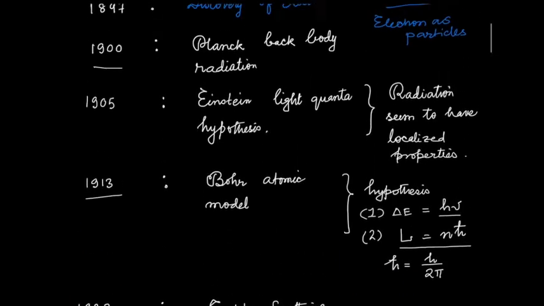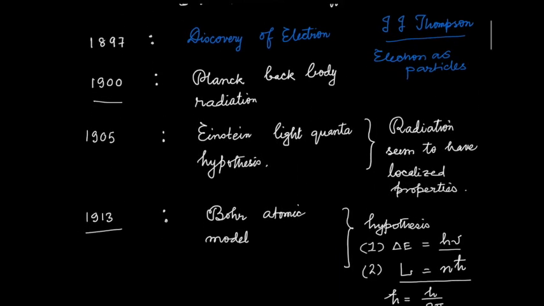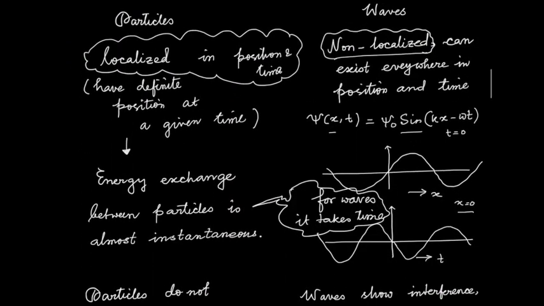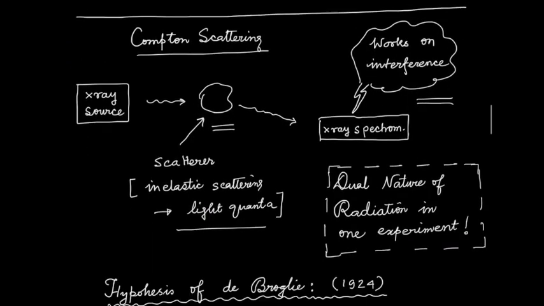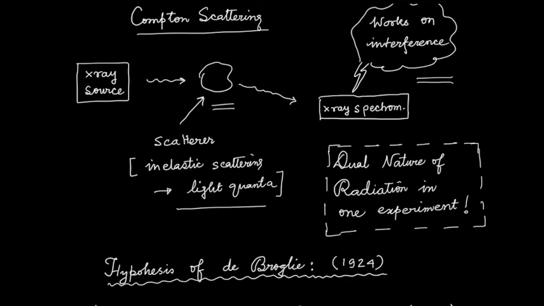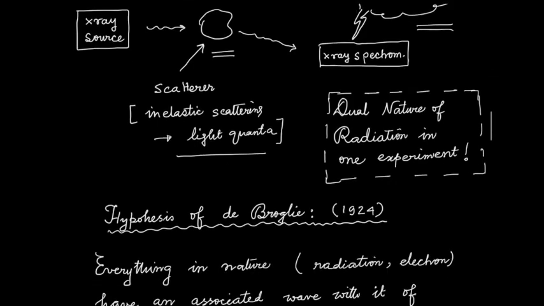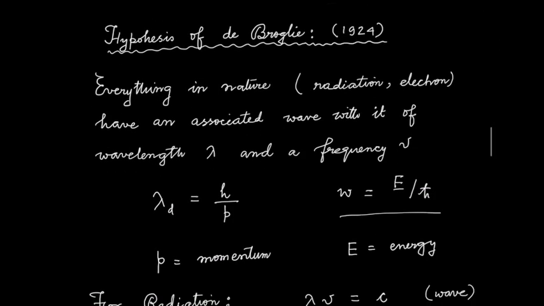So today we have learned that it is not only light that has both wave-like and particle-like properties. It's not only that in Compton scattering we saw both of these properties in play for scattering and measurement of the spectra of X-rays.